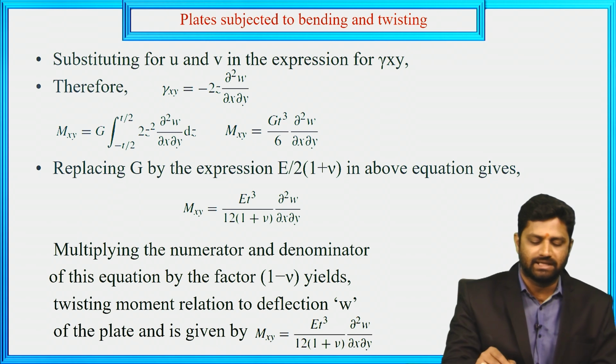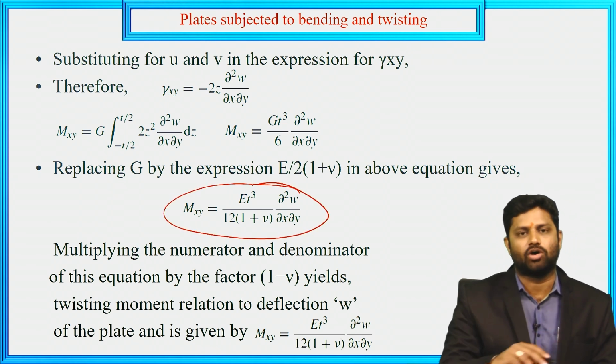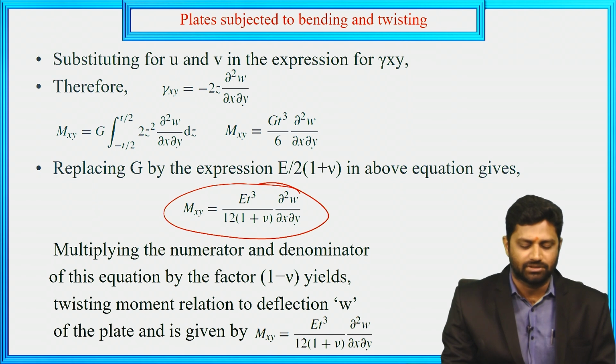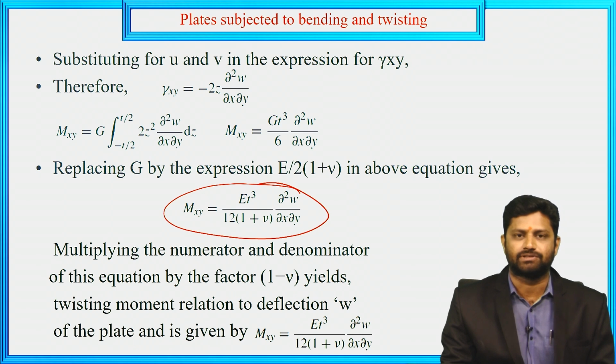So this is the twisting moment contribution to the thin plate. Multiplying the numerator and denominator by the factor (1 minus ν) yields the twisting moment in terms of the deflection w of the plate. So we are getting this twisting moment equation, right?